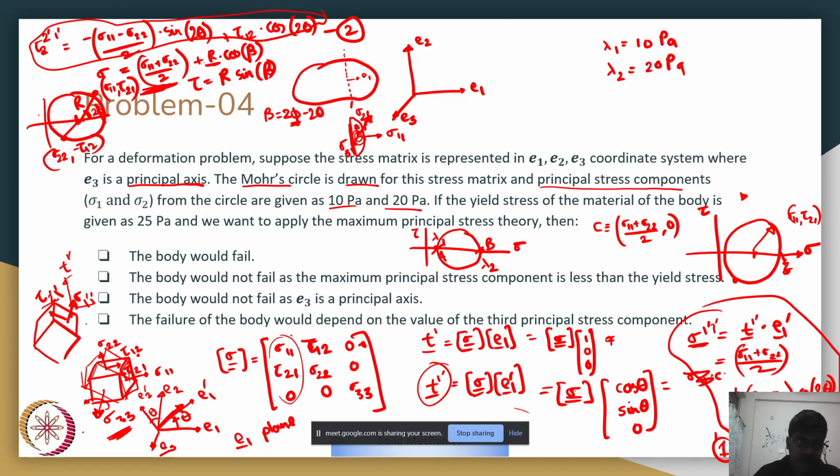And the normal stress along the E3 axis, that is something we are not given. So lambda 3 is unknown. Lambda 3 is basically sigma 33 and it is unknown.